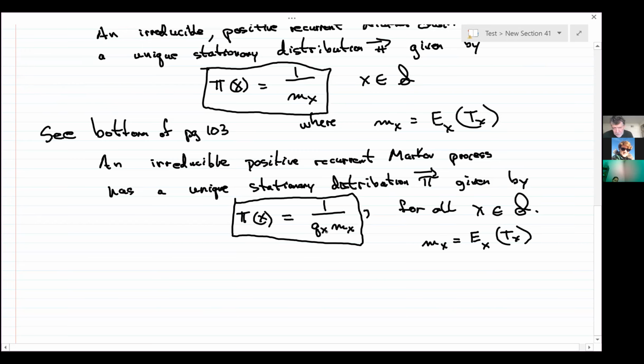And the q of x is what you think it is. Well, I have to be careful. q of x is a q value, but I have to be careful what q of x stands for here.